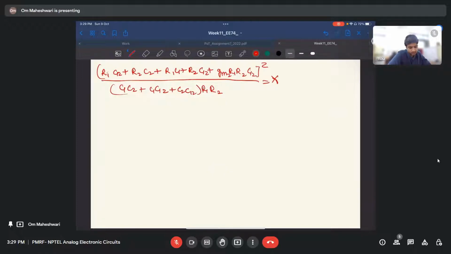If I separate the C12 terms from the numerator and denominator, let us see.